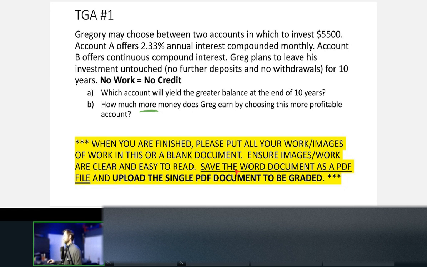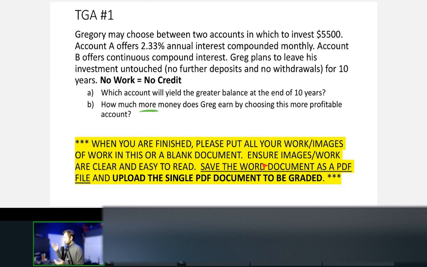Save the Word document as a PDF file, and upload this single PDF document to be graded. Some people are still uploading like 6 different pictures, and you just throw it in a Word document for me, 1 picture per page blown up. Make sure it's clear. Make sure the room is well lit before taking a picture of it.